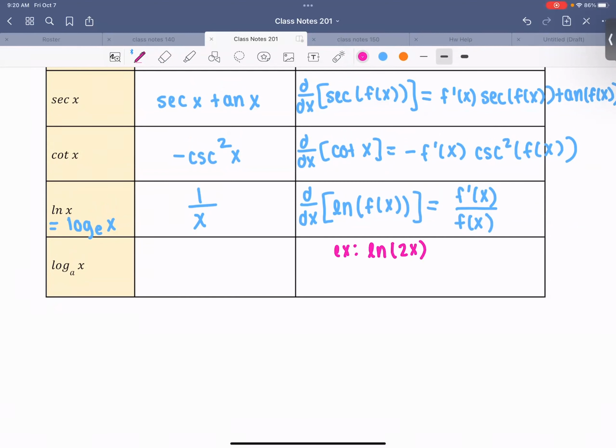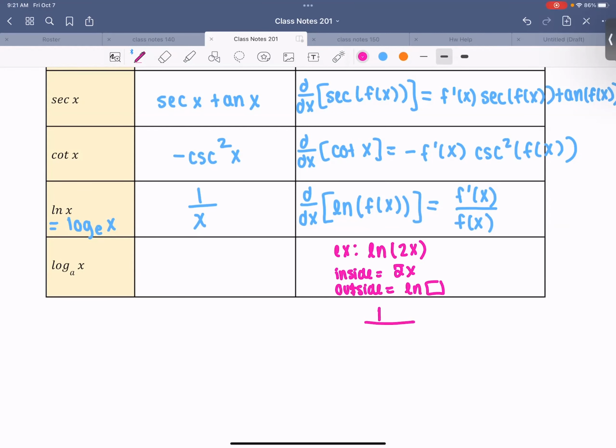Now the inside function, or f of x, is 2x. The outside function is the natural log of something, right? So if I'm doing the chain rule and I want the derivative of the outside, what's the derivative of ln?